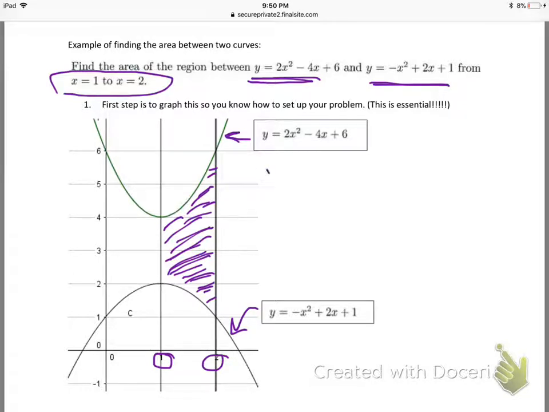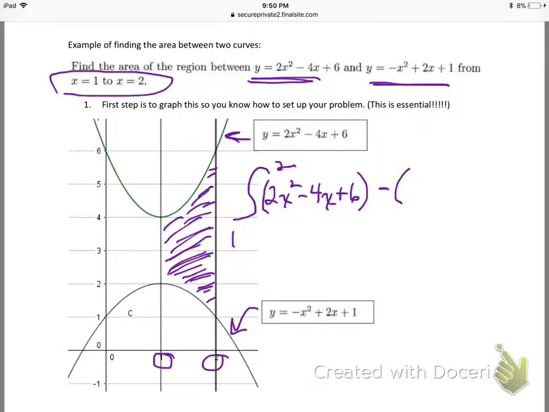Okay, so we're going to have our integral symbol. We're going to go from 1 to 2, and the function that comes first is going to be 2x squared minus 4x plus 6. Put this in parentheses. That's your first function. Here comes your second function, also in parentheses.